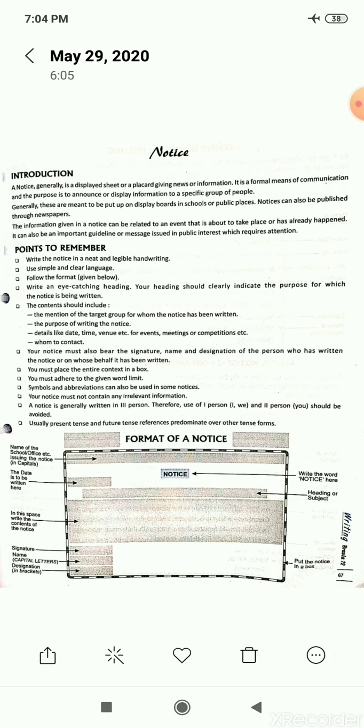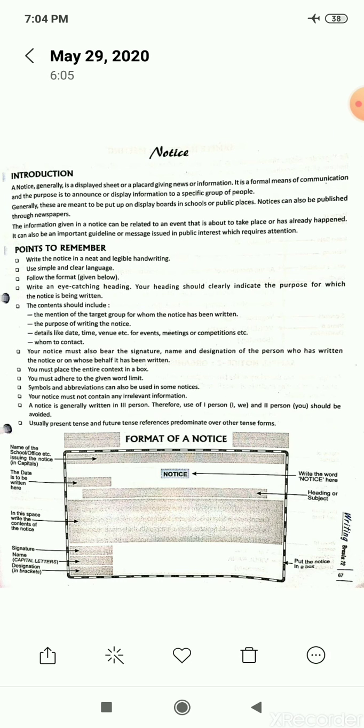For example, if you are instructed to complete the notice within 50 words, you may conclude in 45 words, or go up to 55 or 56 words at maximum. You can deviate a little from the given limit, but you must try your level best to end the notice in 50 words. I hope that's also clear.